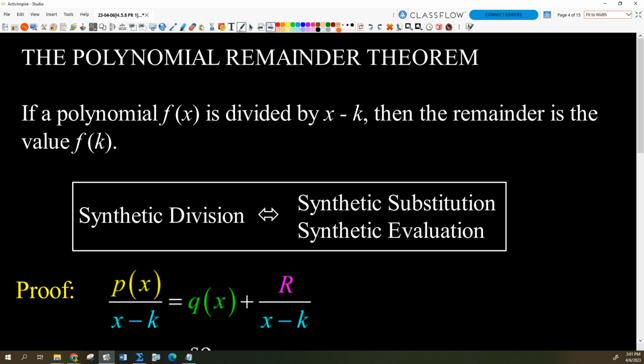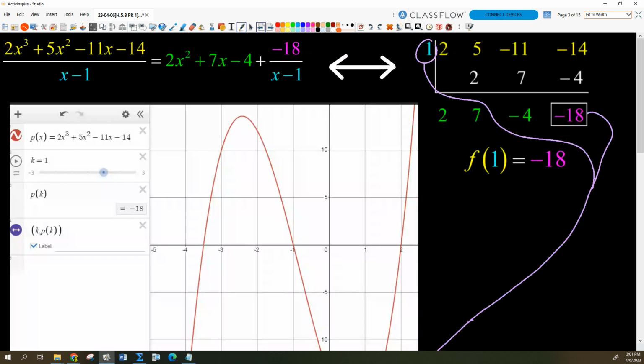So synthetic division, what we've always called synthetic division, and we've used to divide polynomials so far, right, is also a type of synthetic substitution or synthetic evaluation. It allows us to plug a value into a function and quickly kick out an output answer, right? Whatever's in the remainder box is the value of the function when we input that outside number synthetically.